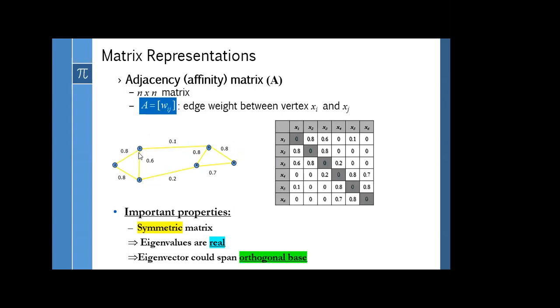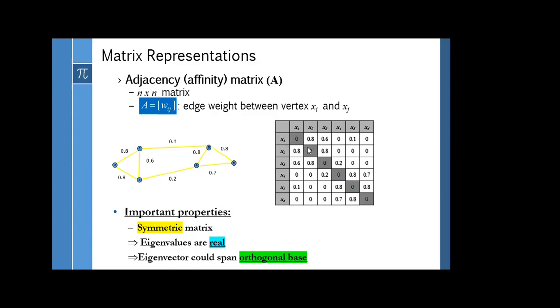Since I don't have directions in my edges, I can say that I have an undirected graph. It's a little bit of simplification. So I have weights, and I can construct a symmetric matrix here.